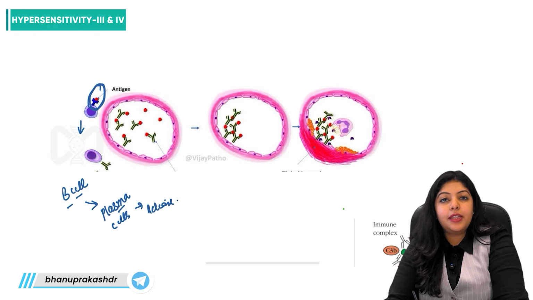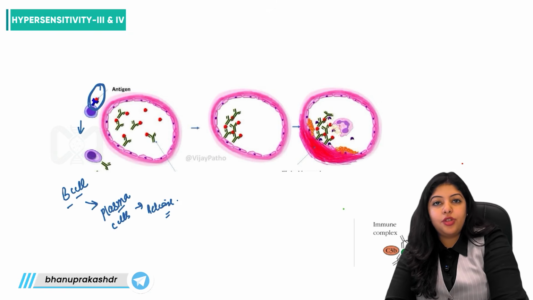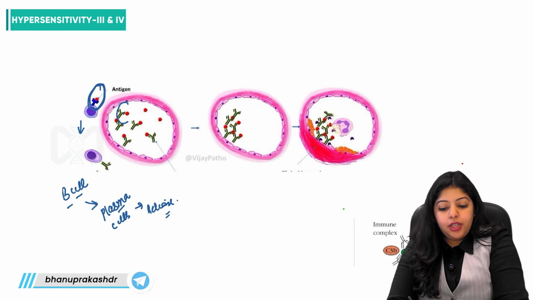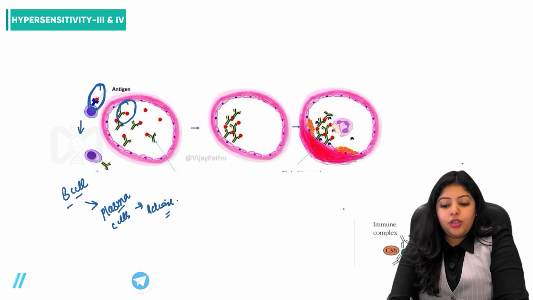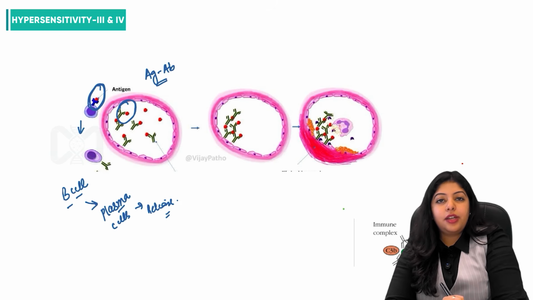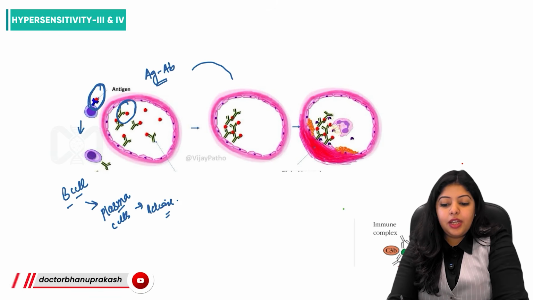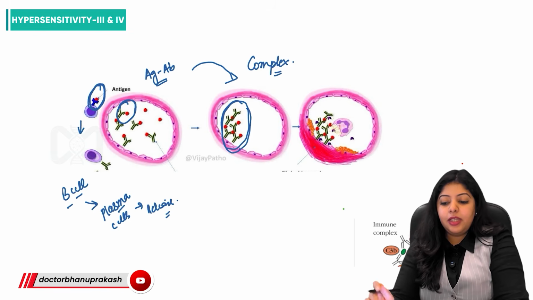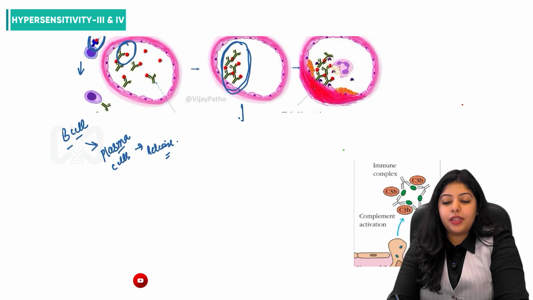This is the whole mechanism that takes place whenever an antigen enters a body. So antigen-antibody interaction occurs. Then these antigen-antibodies form complexes, and these antigen-antibody complexes get deposited.